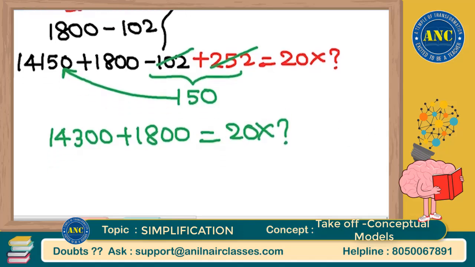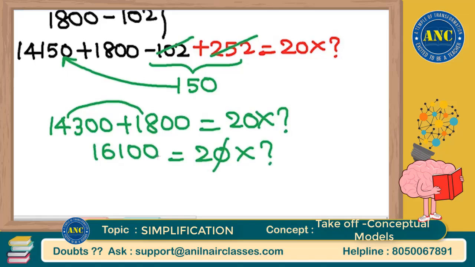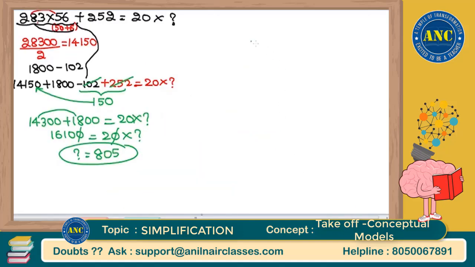So 14,300, 143 plus 18 is 161, so 16100 is equal to 20 times question mark. This will cancel. Question mark is 1610 by 2, 805. There are so many steps you can eliminate if you are good at practicing.